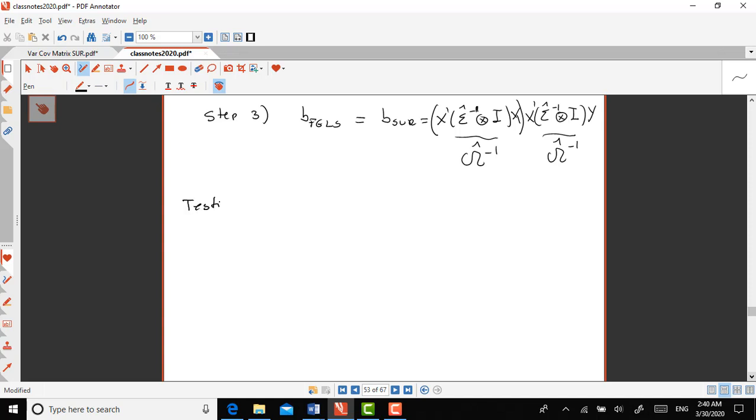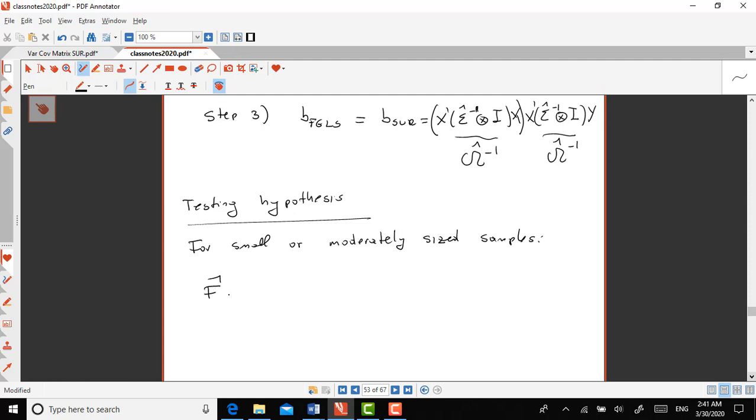And then for testing hypotheses, depending, for small or moderately sized samples, we can use an F test, 1 divided by J. And you probably remember from Dr. Chimney's class, we have this R matrix of restrictions.